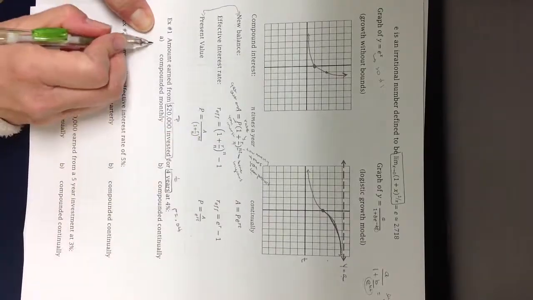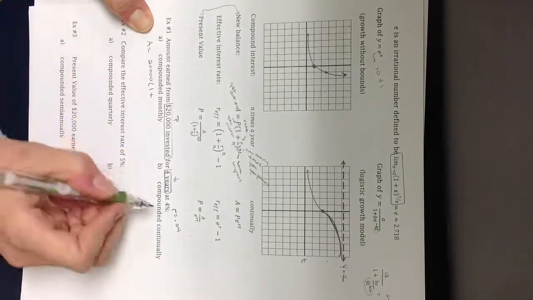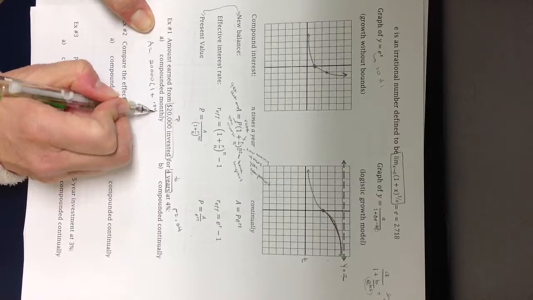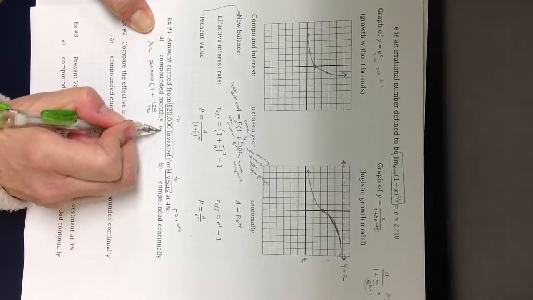So to compound monthly, you would plug into this formula right here, and A would be your $20,000 times 1 plus your interest rate divided by the number of months in a year, because compounded monthly means N is 12.